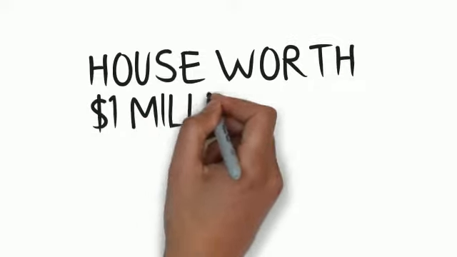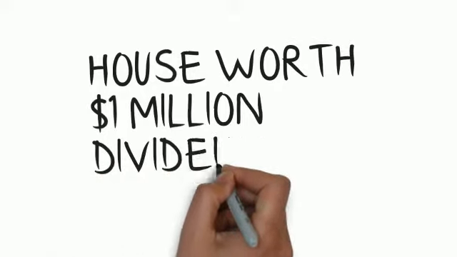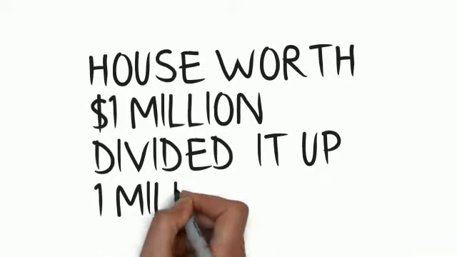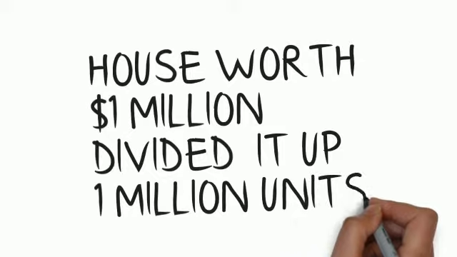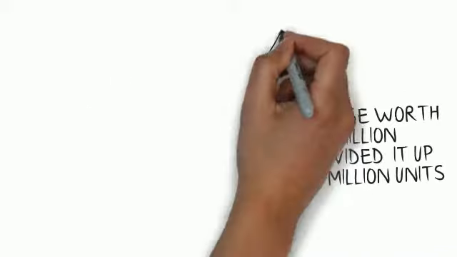This comes from the breaking of an asset into bite-sized chunks. So you have a house which is worth $1 million. You break it down into 1 million units of $1 each.